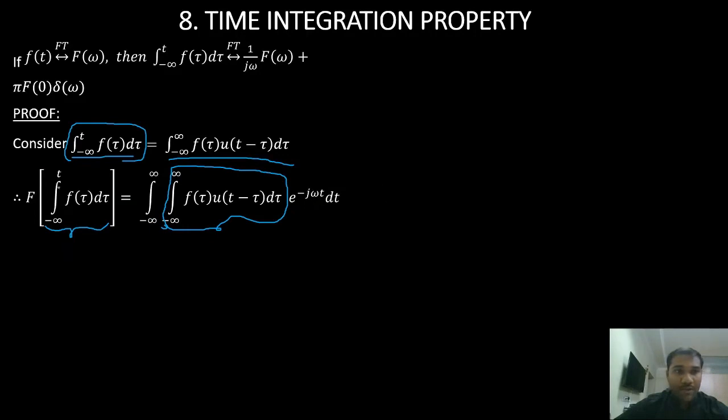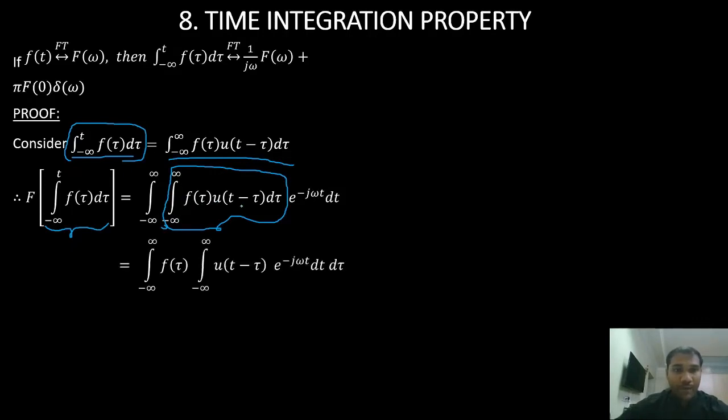I'm just substituting this integral in place of f of t. So in place of f of t, I'm going to substitute the integral from minus infinity to infinity of f of tau u of t minus tau d tau.